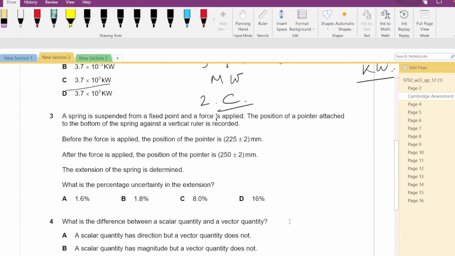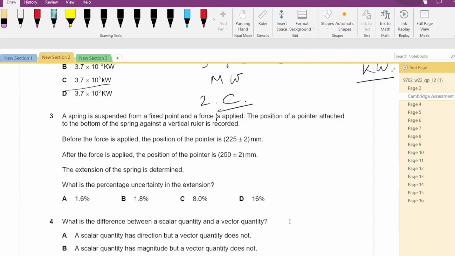Now I am at question 3. A spring is suspended from a fixed point and a force is applied. The position of the pointer attached to the bottom of the spring against a vertical rule is recorded.